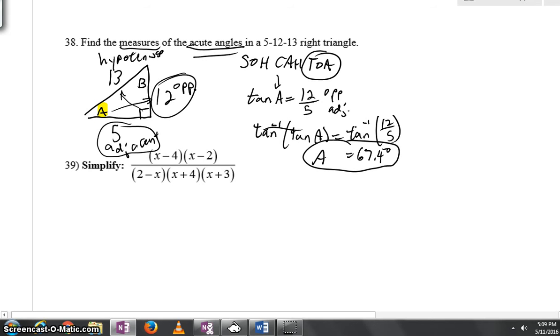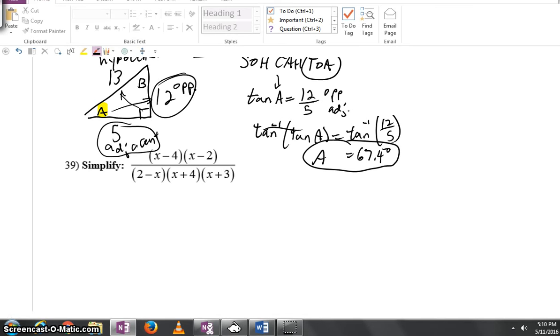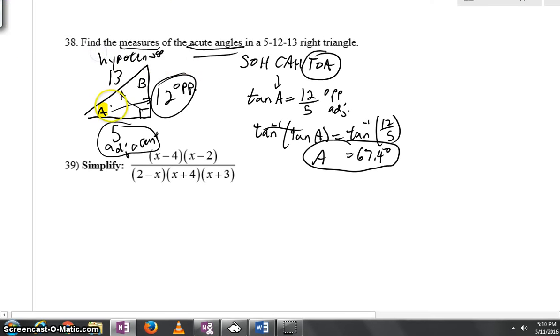Now, to find the measure of angle B, we could use trig. But I hope you remember from geometry that the two acute angles always add up to 90 degrees. The three angles must add up to 180. We already have a 90 right here. 180 minus 90 is 90 itself. So angle A and angle B must add up to 90 degrees.